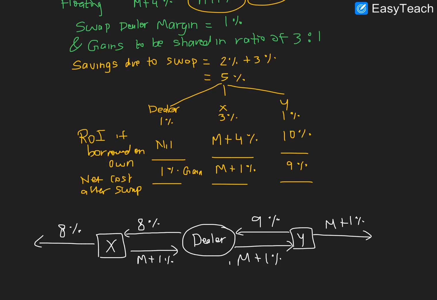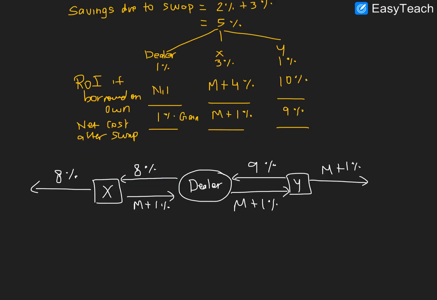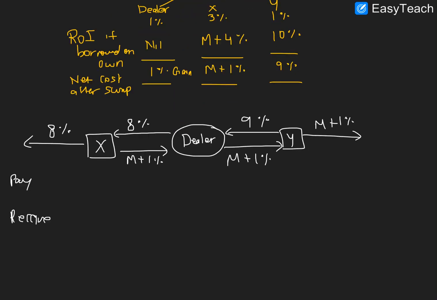And trust me guys, once this diagram has been formed, you will find that the net cost to each one of them is what we have intended for. And so we'll simply say how much they are paying and how much they are receiving. So X is paying 8%, it is also paying MIBOR plus 1%, and it is receiving 8%.